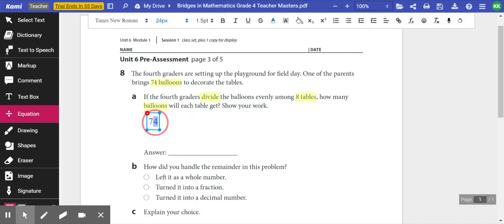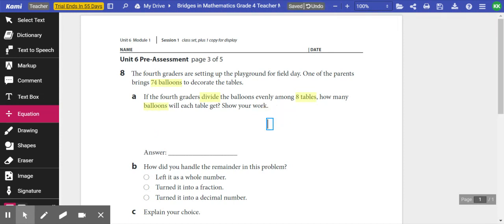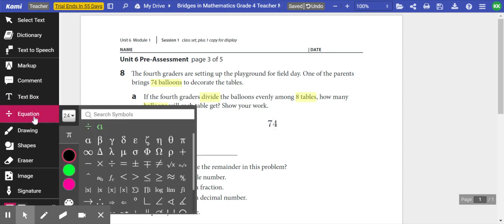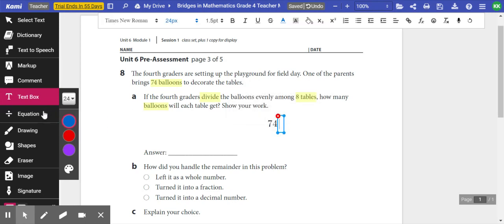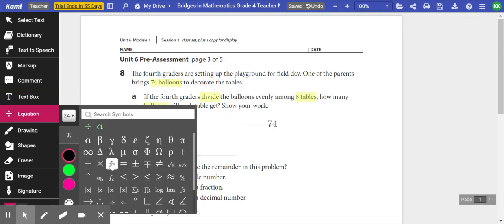So we're going to move this over then and see if it'll do it this way. Sometimes you just have to play around with the tools and see if it'll work. So let's go to equation. Let's do a text box first, and then let's go to the equation. I don't know why it's not working. You guys are probably better at this than I am. There we go. Okay, divided by, and then I know it's by 8.